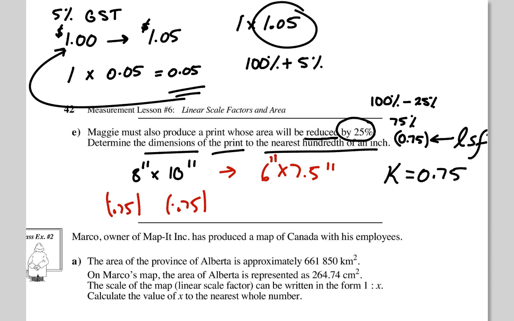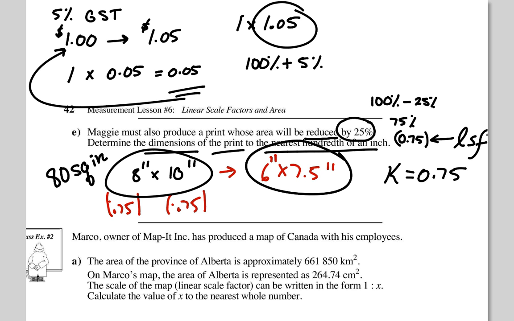Okay. Let's calculate those areas. 8 by 10 we know is 80. 6 by 7.5, multiplying those, you get 45 square inches.